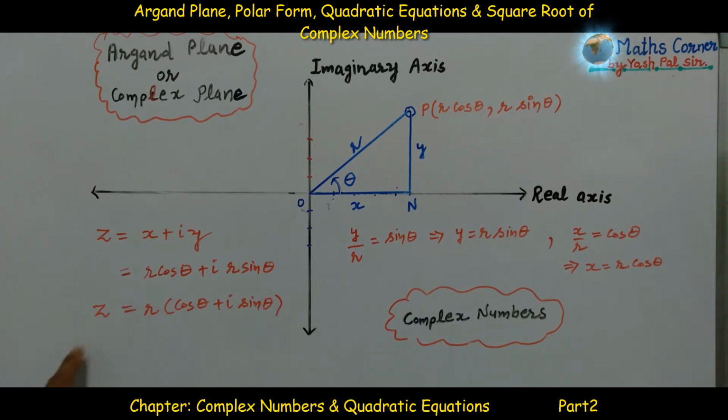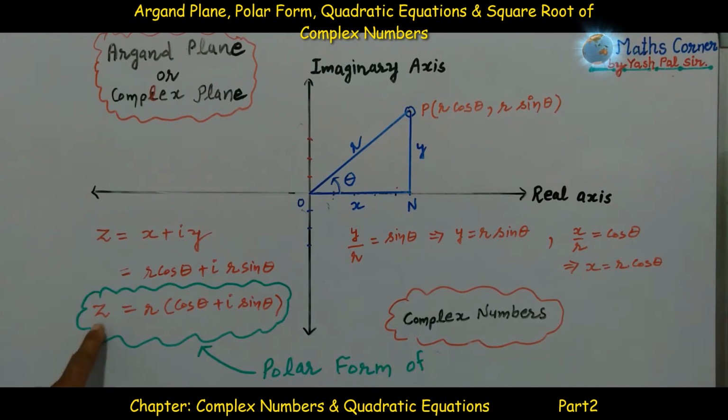What is the name of this form? This form is called polar form of the complex number. So z is equal to r into cos theta plus iota sin theta is the polar form of complex number.